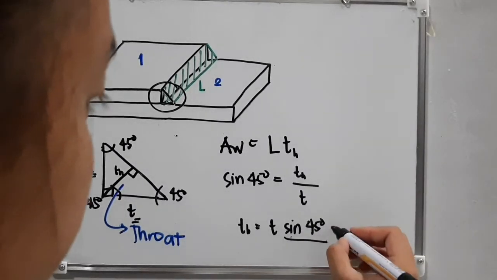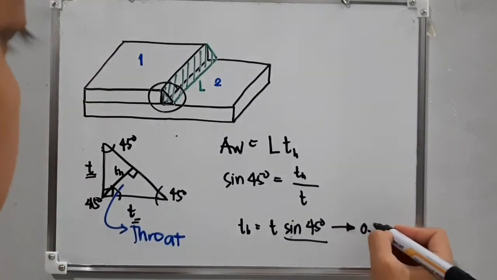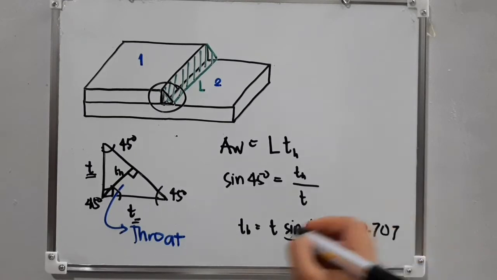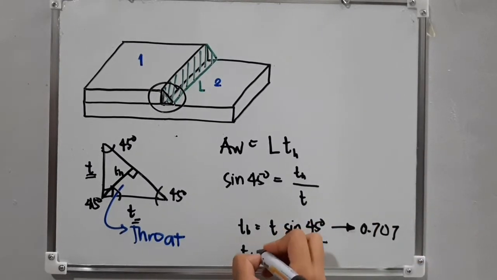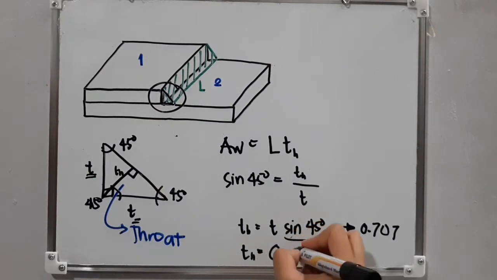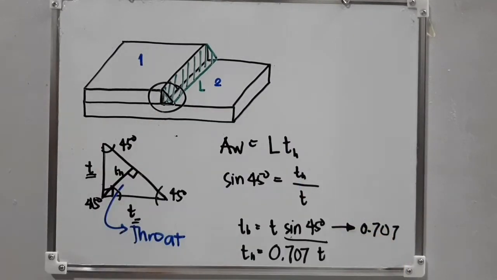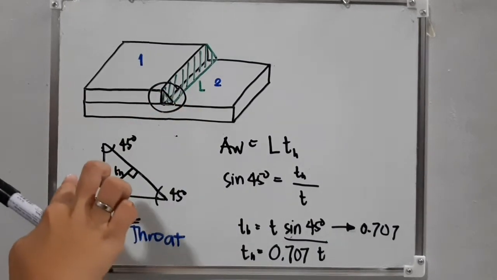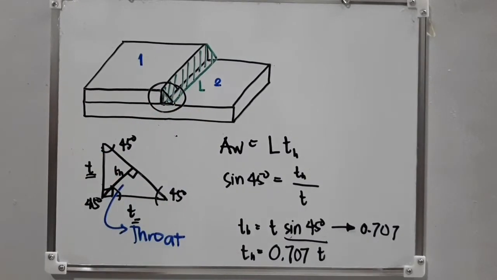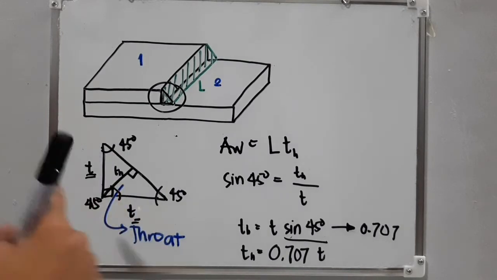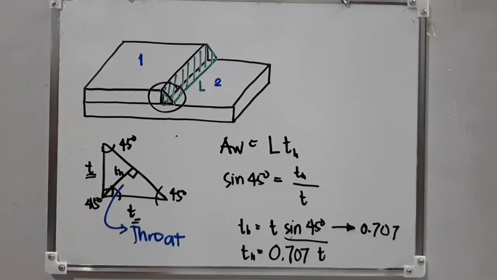And sine 45 is equal to 0.707. That is the formula on your handouts, that your throat is equal to 0.707 of your thickness. That is when the thickness of your fillet weld is equal to one another. If not, you will solve for the value of your throat.